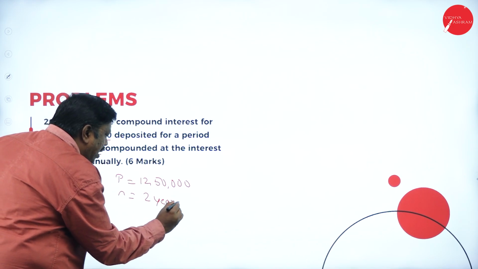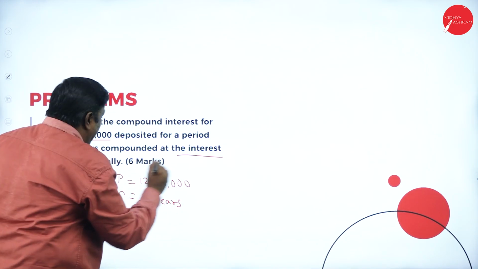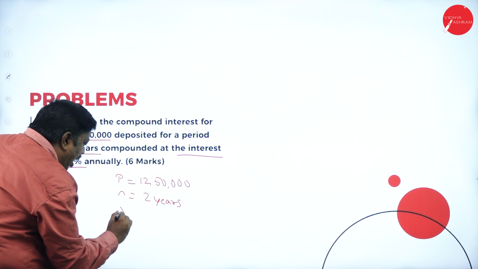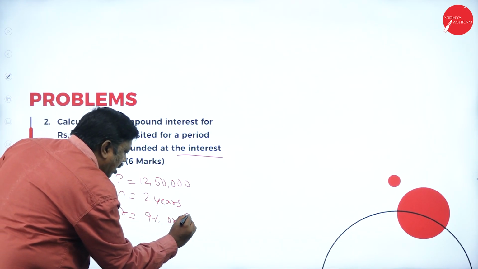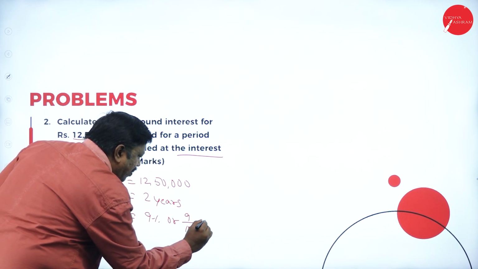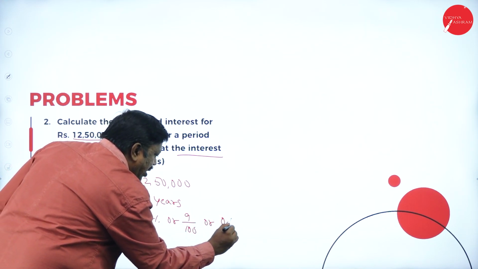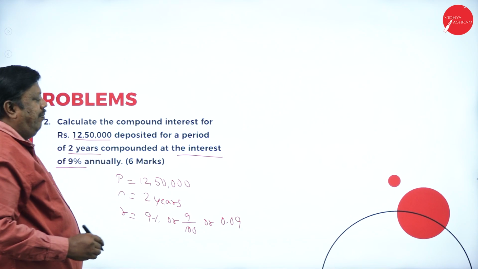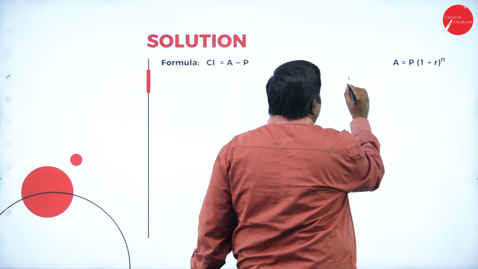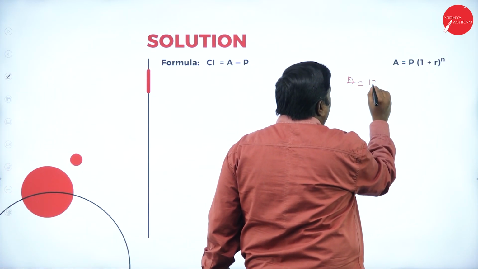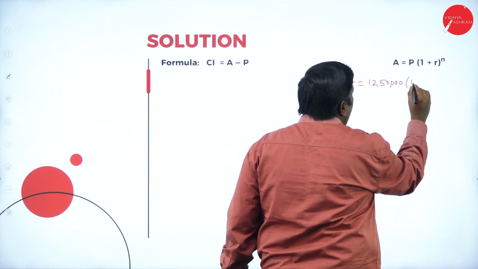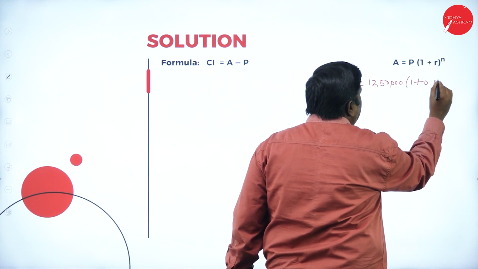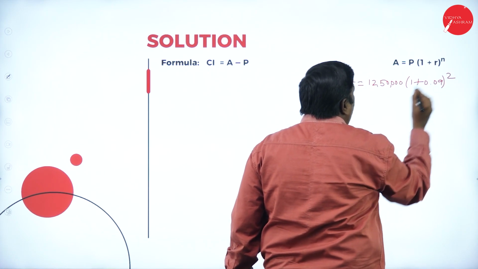And the interest rate R will be 9%, or 9 by 100, or 0.09. So now annuity equals 12,50,000 into 1 plus 0.09 to the power of 2.